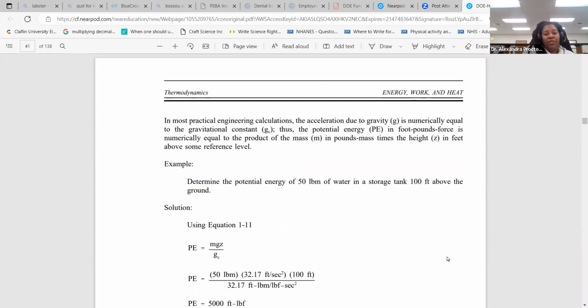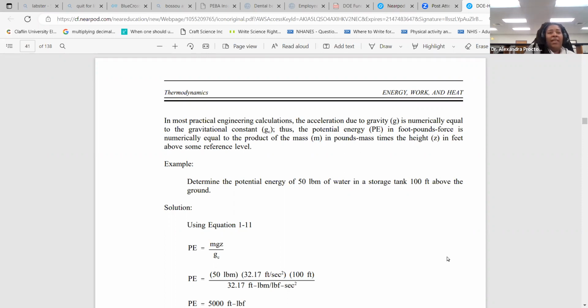Thus, the potential energy in foot-pound force is numerically equal to the product of mass in pounds mass times height, which they use Z for.